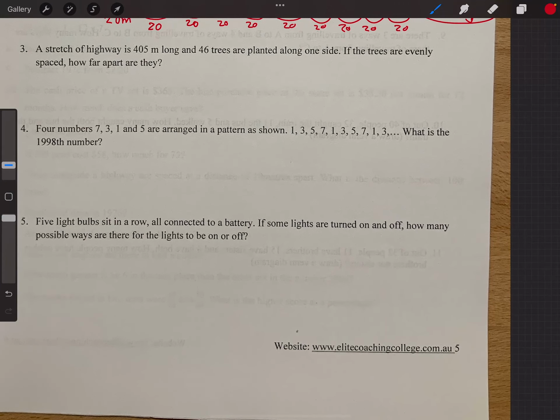Alright, next one. A stretch of highway is 405 meters long and 46 trees are planted along one side. If the trees are evenly spaced apart, how far apart are they? Okay, so we know that the distance between the first tree and the last tree is 405 meters, and we have 46 trees.